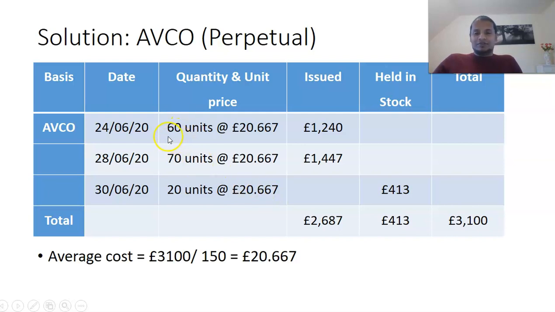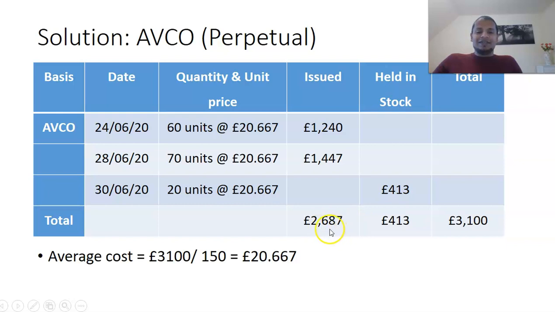This is very simple: the issued amount multiplied by the average cost, and the remaining ending stock multiplied by the average cost. So 70 times the average cost is 1,447, and 20 times the average cost comes to 413.